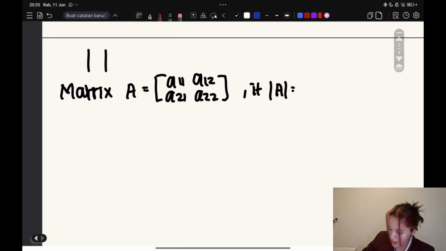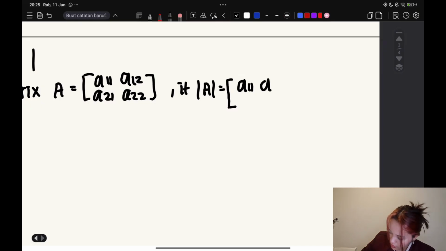We have to change the A to be A like this, and then we just substitute the numbers.